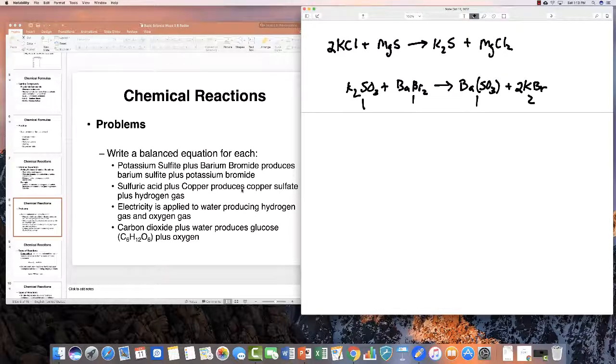Sulfuric acid plus copper. So H2SO4 is sulfuric acid plus copper, which is just a metal, reacts together to produce copper sulfate. And I didn't put 1 or 2 here, so that was my mistake. I should have put copper 2 sulfate to tell you that this is the formula for it here, plus hydrogen gas. And remember that there's some polyatomic atoms.